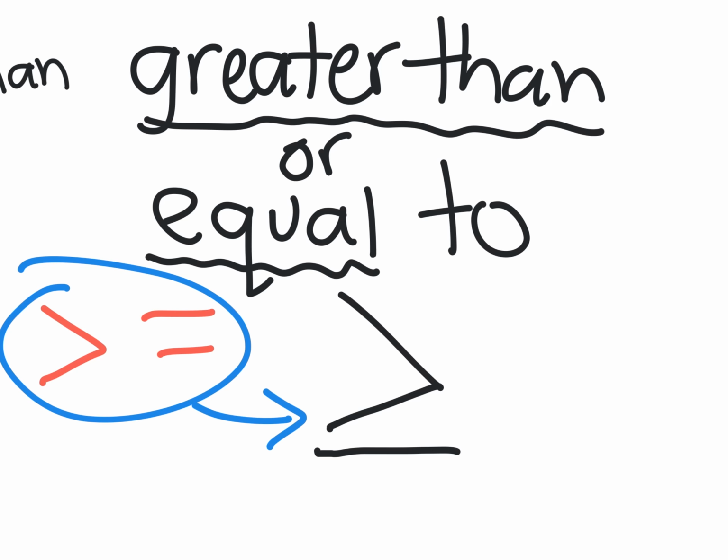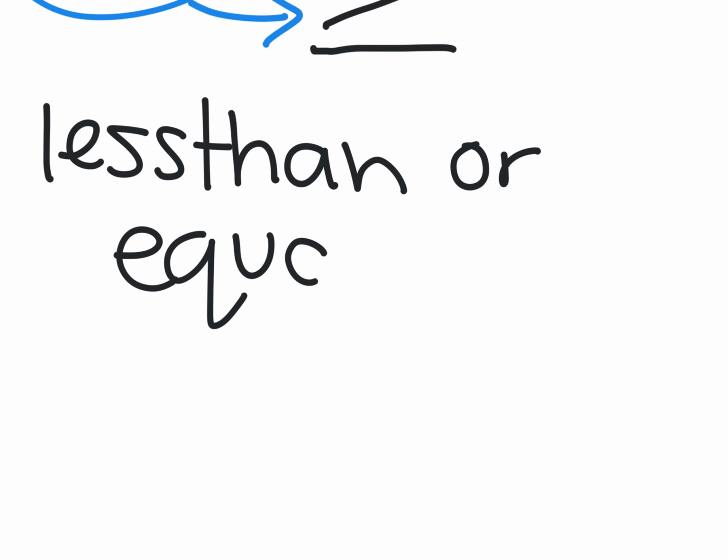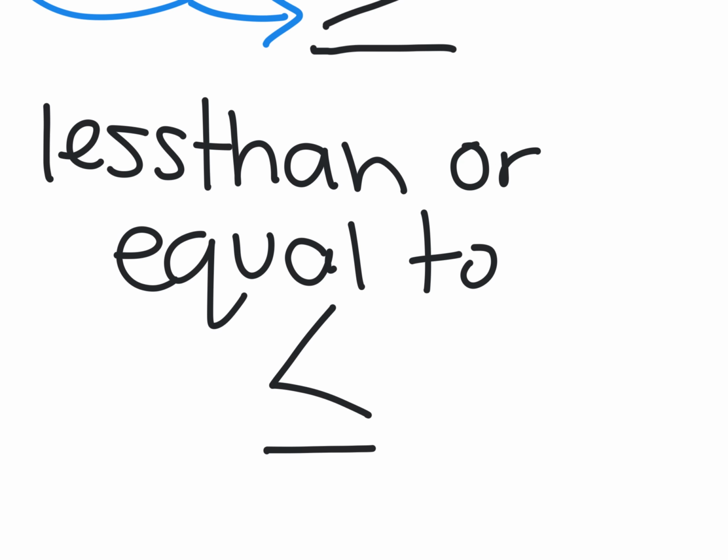All right. And below that, similarly, we have the less than or equal to, and just what you think it would be, a less than sign with the line underneath.